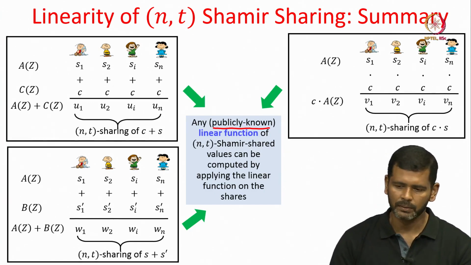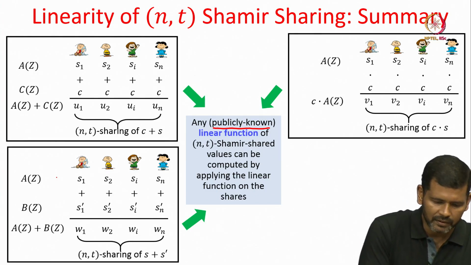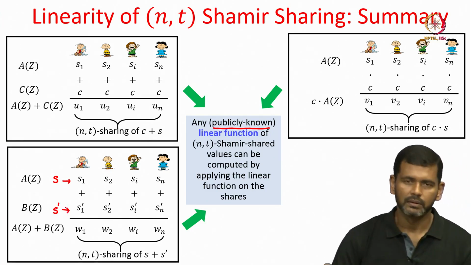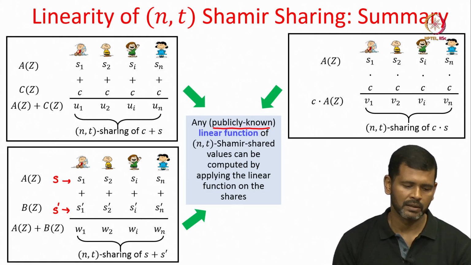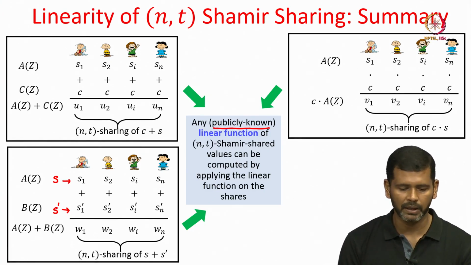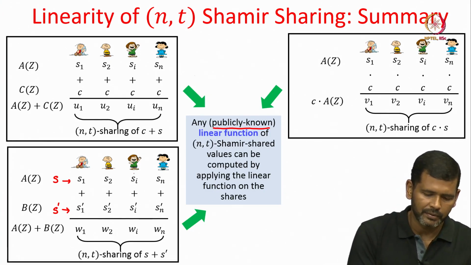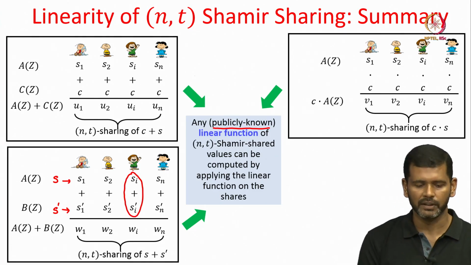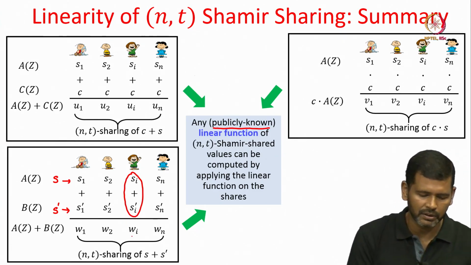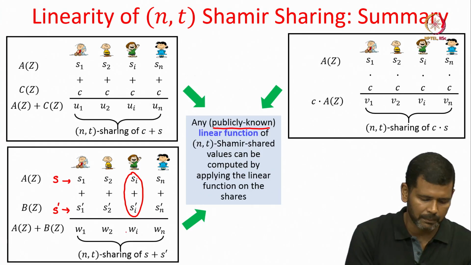For instance, if you have two secrets S and S prime which are secret shared through an instance of (n, t) Shamir secret sharing, and you want the parties to have their shares for S plus S prime, it is enough if each party individually adds its shares of S and S prime. That will give that party its share of S plus S prime.